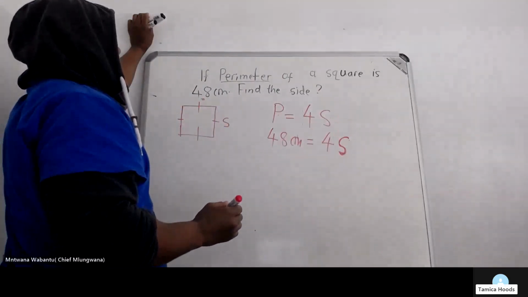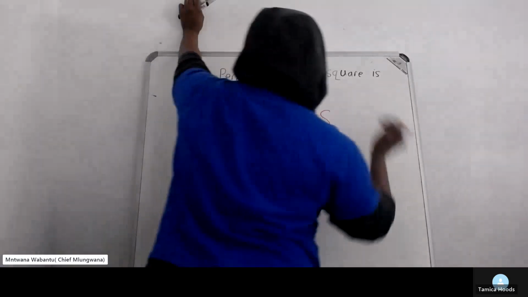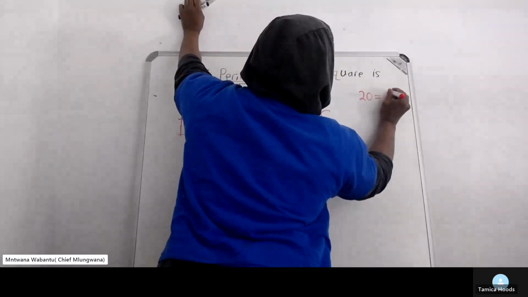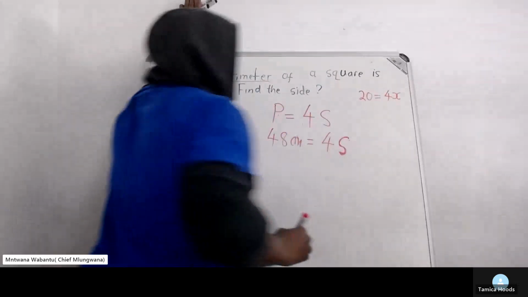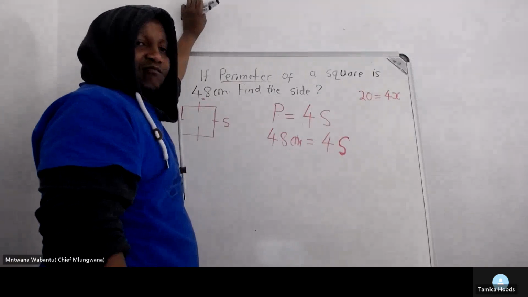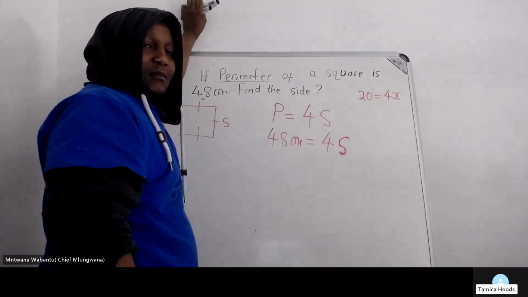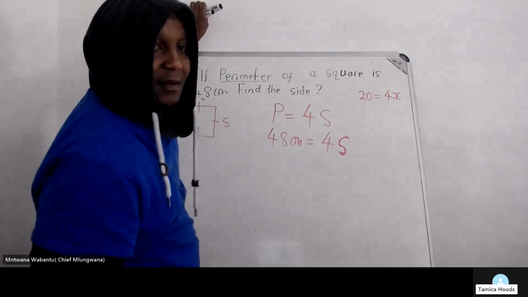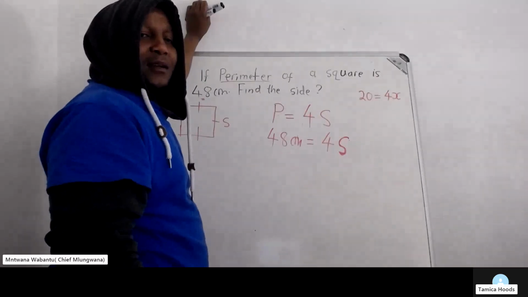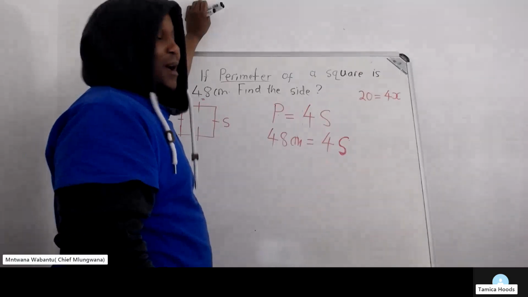For that, let me ask. I know you know, but I want to ask, if you have 20 equal to 4x, how are you going to get x? We're going to do square root.